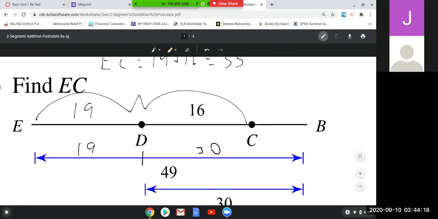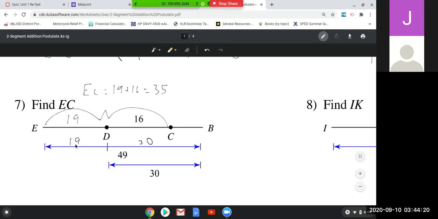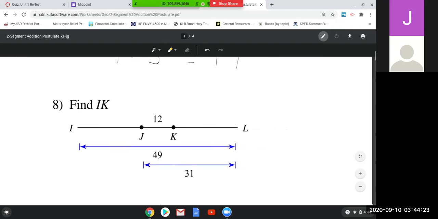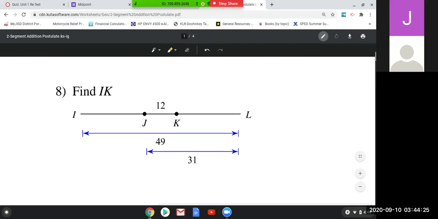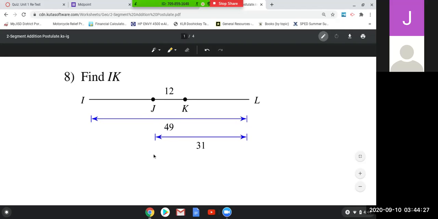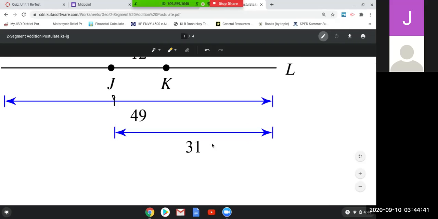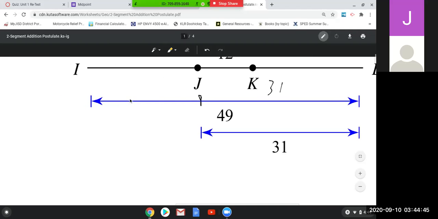It's a little bit trickier. And this last one we'll do, it's going to be the same sort of math. They give me this full length is 49, but 31 of it is this part right here. From here to here is 31, because it's just like that length right there. Then what is this length right here? 49 minus 31 gives me 18.